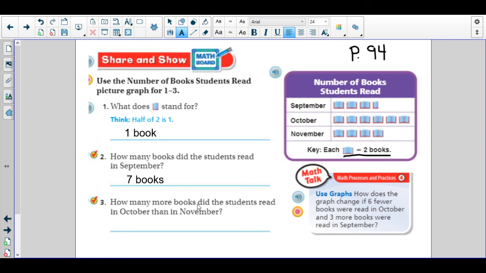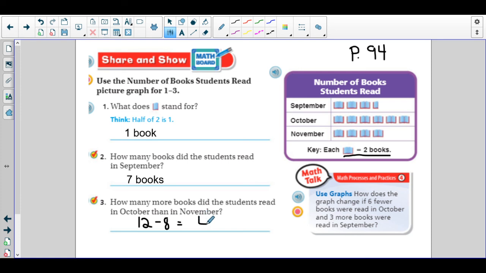How many more books did the students read in October than in November? Well, in October, it was 2, 4, 6, 8, 10, 12. And in November, it was 2, 4, 6, 8. So how many more books?